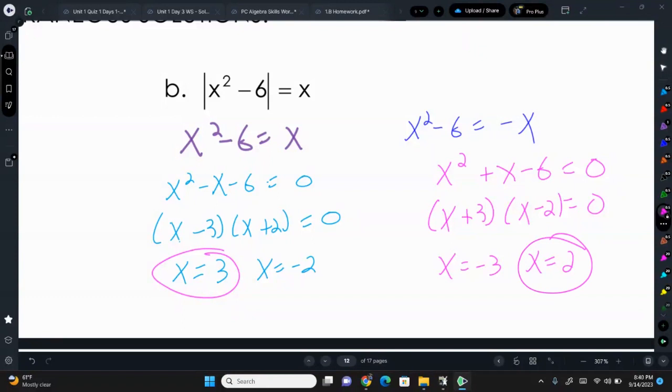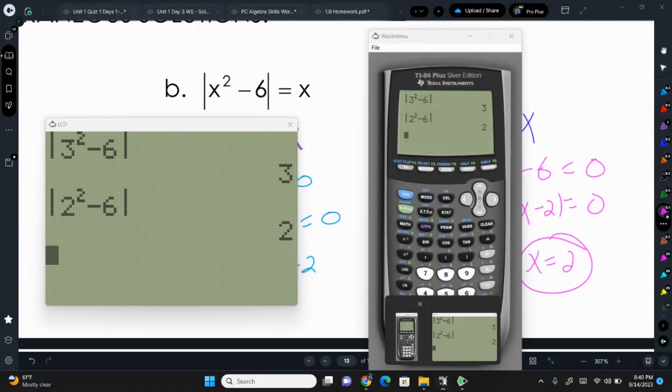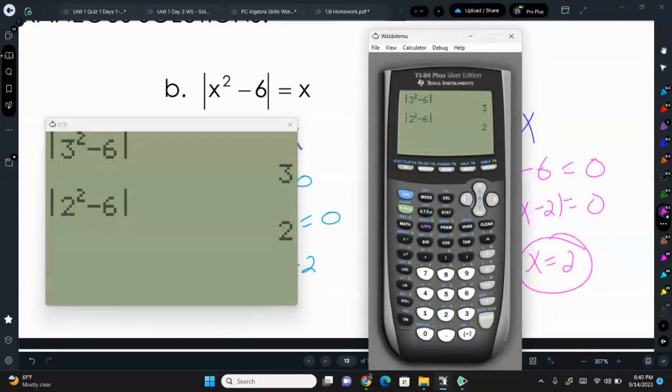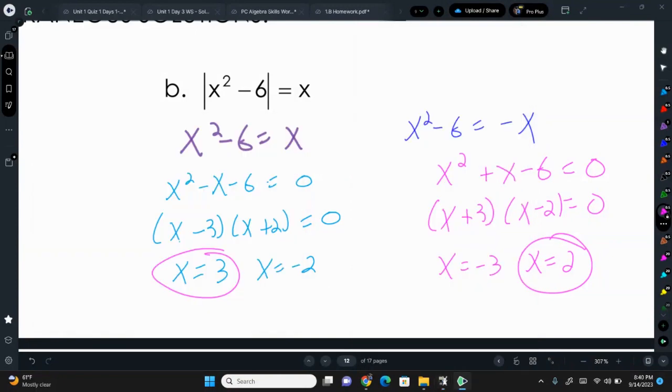Now, when we type in the other ones, you don't really have to do that for 2 reasons. One, because negative 2 squared is going to give you the same thing as positive 2 squared. The difference, though, is we can't have the absolute value equal a negative number. So when we plug in negative 2 for x on the right side, it's going to give us no solution.